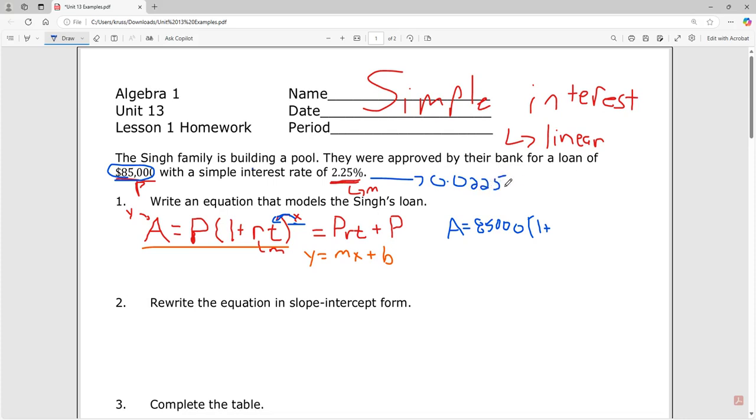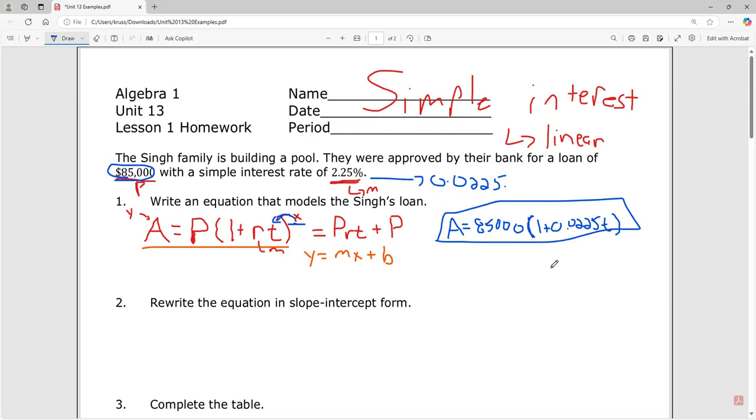All right, that's my slope, right? 0.0225 times t, which is my x value, my horizontal axis value, my independent variable. Okay, so that's my equation that I would use.